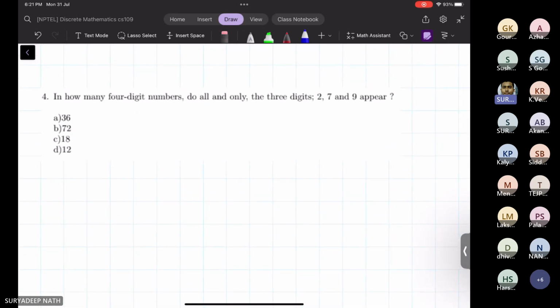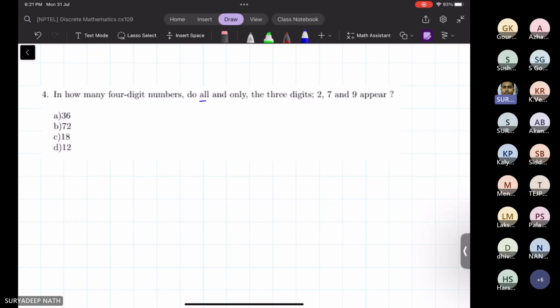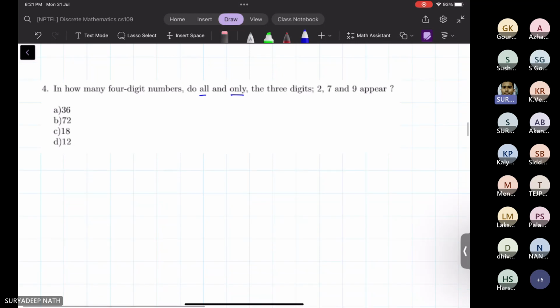In how many ways, how many 4-digit numbers are there in which all and only the 3 digits 2, 7, 9 appear? So what does this mean? All of the three appear and only these three appear.